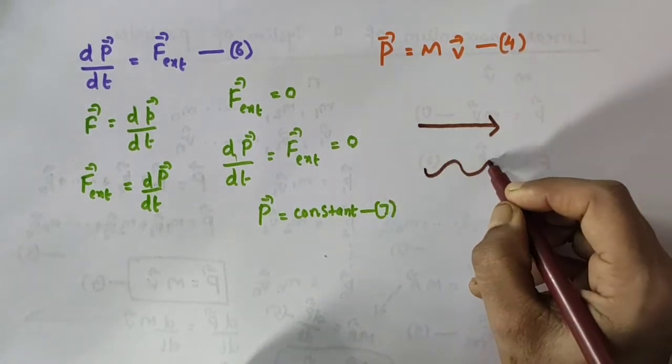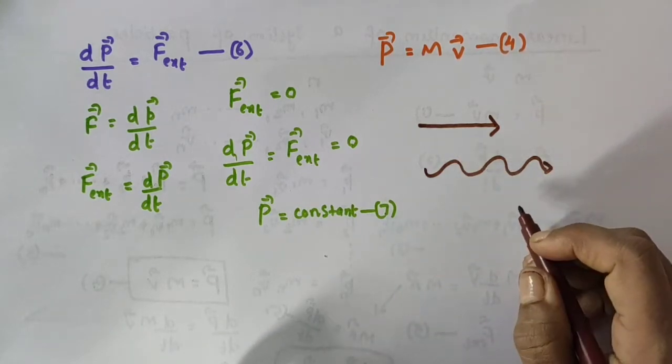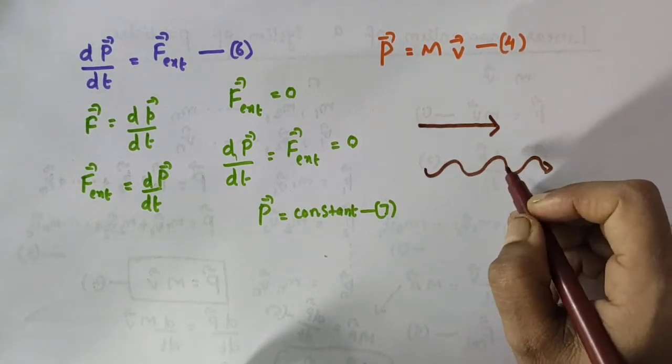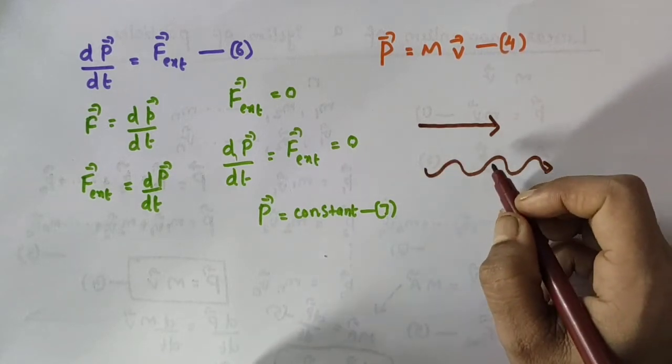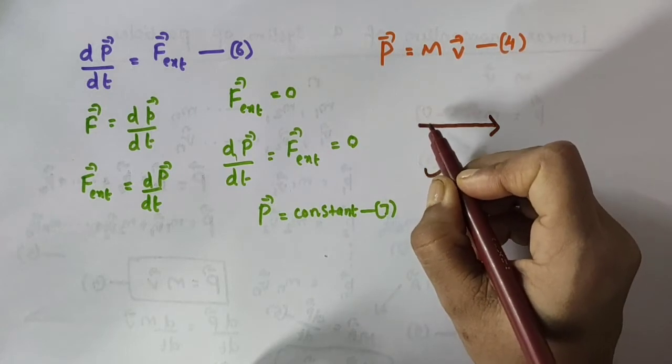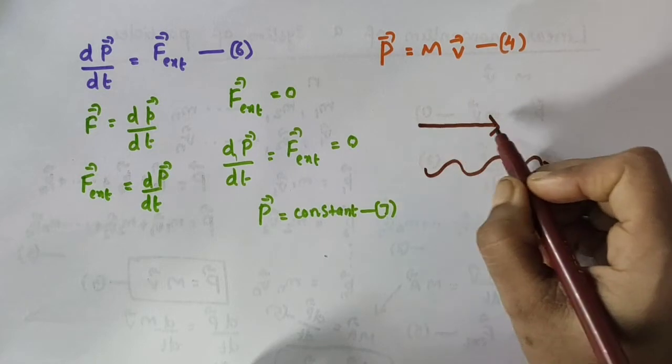If it moves with constant speed but the direction changes continuously, then velocity is not constant.